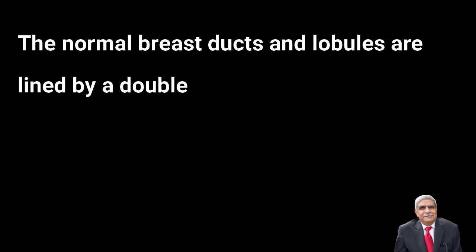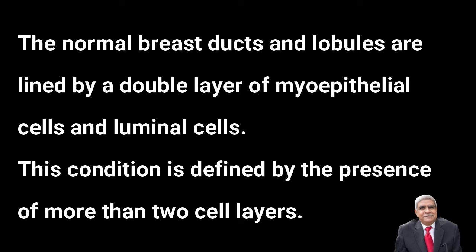Hyperplasia without atypia. The normal breast ducts and lobules are lined by a double layer of myoepithelial cells and luminal cells. This condition is defined by the presence of more than two cell layers.